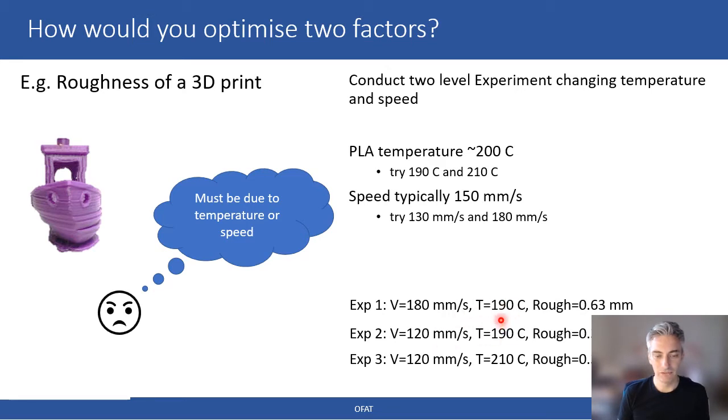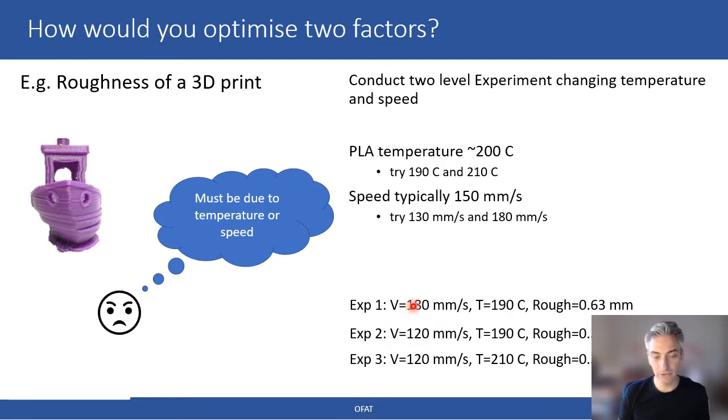So first of all, we change the speed, and then that factor's done, we've seen it has an effect, and then we change the temperature, and we see that that doesn't really have such a big effect. So after these three experiments, we could pretty much conclude that velocity has the biggest effect using this OFAT, one factor at a time approach.